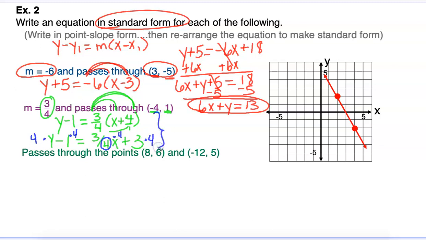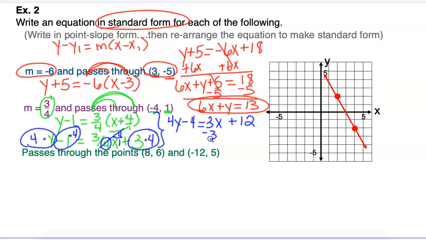Okay. So I have 4y right here, minus 4 equals 3/4 times 4/1, which is going to be 3/1 or 3x. And then 3 times 4 would be plus 12.